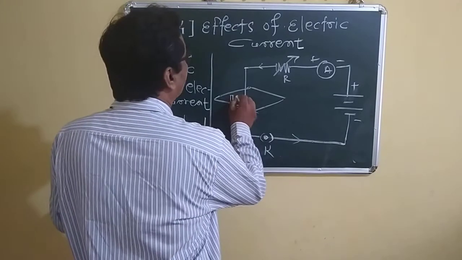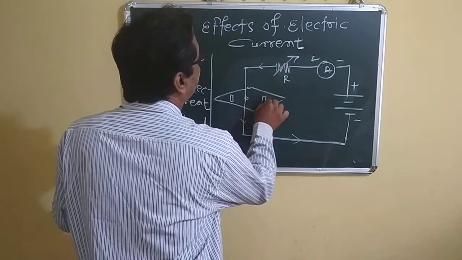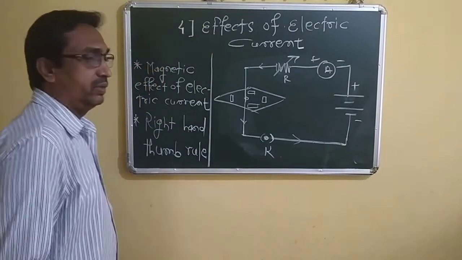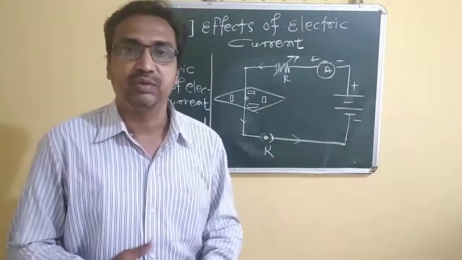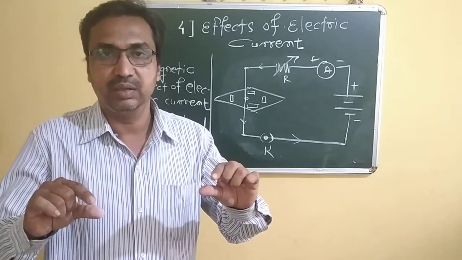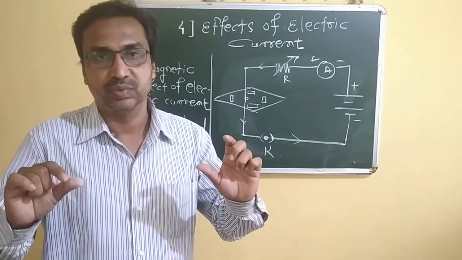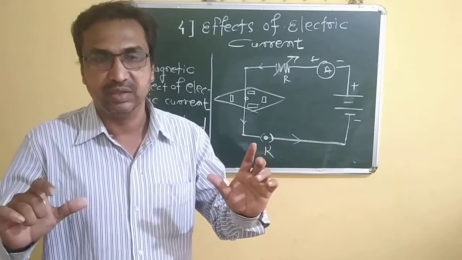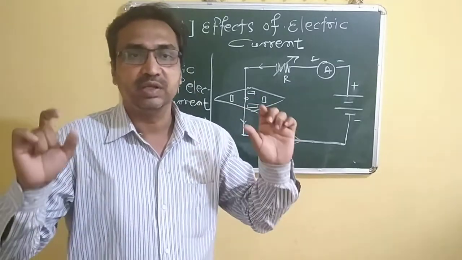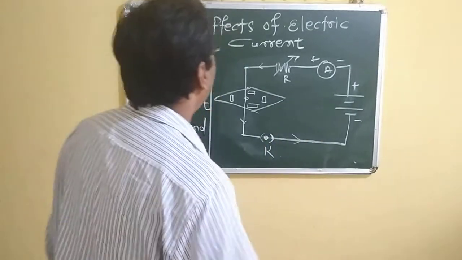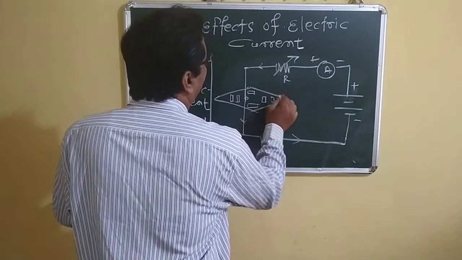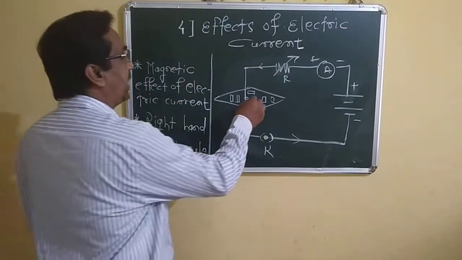Here we have to keep a magnetic needle, here we have to keep a magnetic needle, and here we have to keep a magnetic needle, and we can find out in which direction the magnetic needle is stable. It remains static. The N and S terminals remain stable, so we have to identify in which direction they are stable at different points.